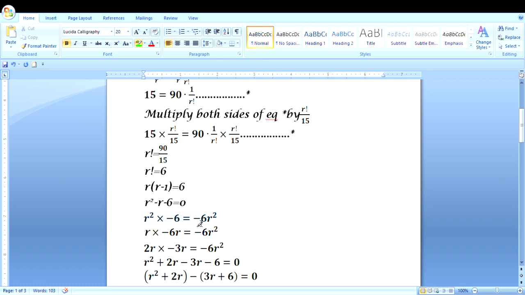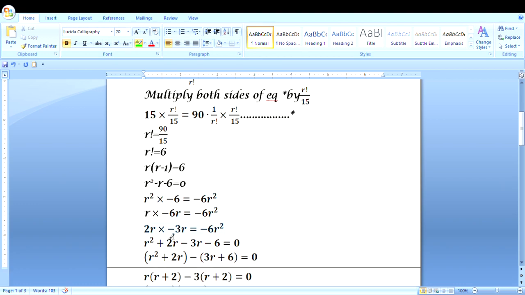Now using the factorization method, we multiply the term containing r squared by the constant term, and this becomes minus 6r squared. Then the factors of minus 6r squared are r times minus 6r, and 2r times minus 3r. The pair that conveniently replaces minus r is 2r minus 3r, that gives minus r, and 2r times minus 3r gives minus 6r squared.